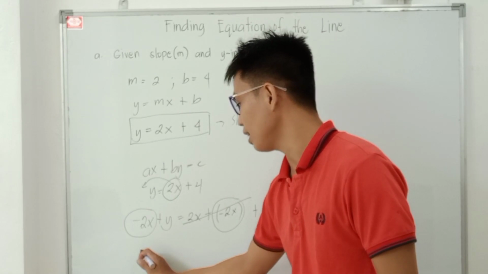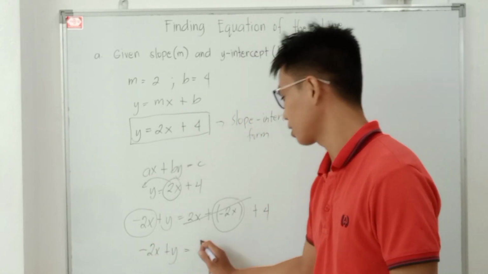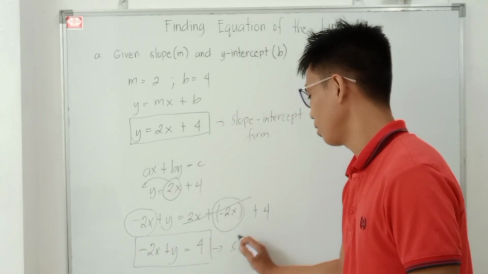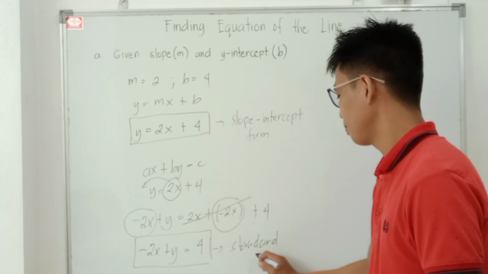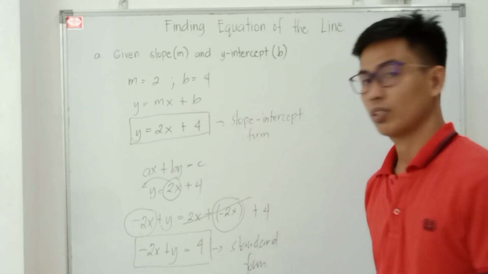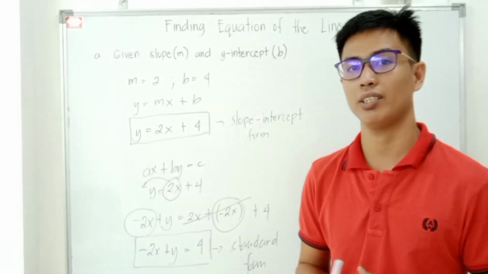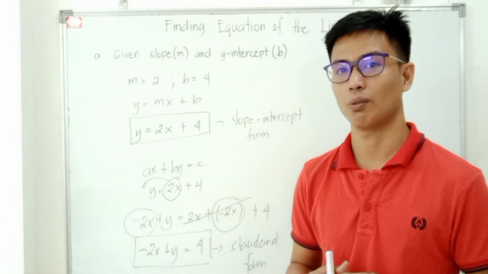And, ang ating final answer is negative 2x plus y equals 4. And this is the standard form. So, yan po yung ating standard form ng equation. And that is how you find the equation of the line given slope and y-intercept.